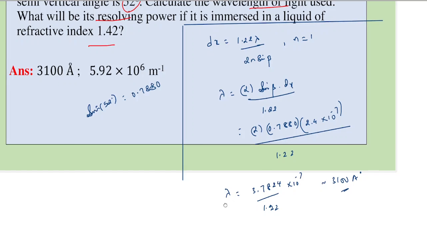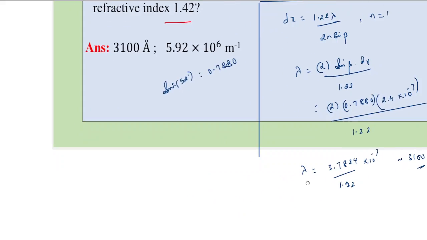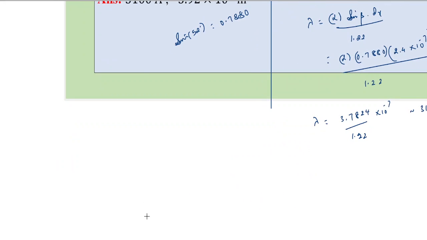Second part says what will be its resolving power. So here we need to find its resolving power if it is immersed in a liquid of refractive index 1.42. So resolving power is given as 2n into sine beta by 1.22 into lambda.